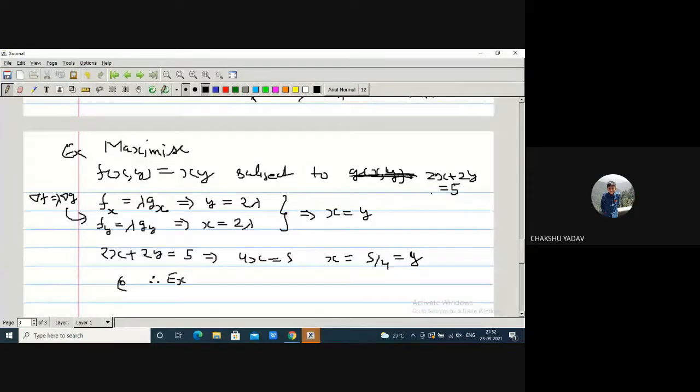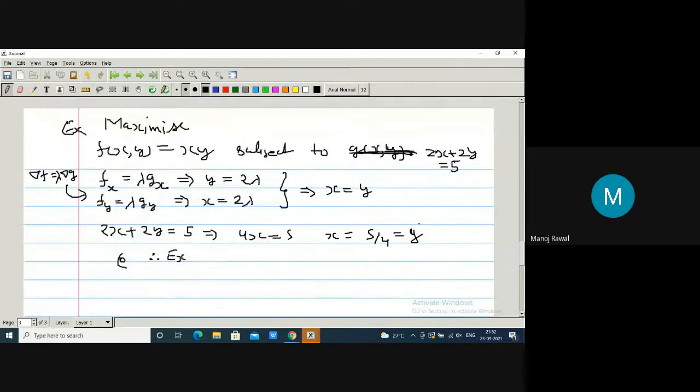Yes sir. Because in my mind, geometrically, I thought this is my level curve, so we already write it in terms of g(x, y). Anyway, I hope it is fine now. So x and y both are coming 5 upon 4. So the extreme point is going to be (5 upon 4, 5 upon 4).